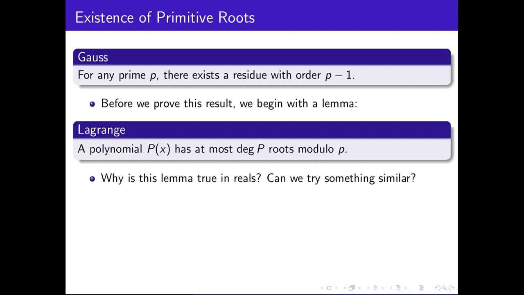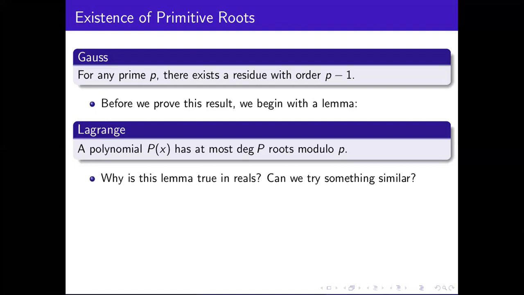Yeah, sure, the fundamental theorem of algebra. In particular, if P(x) has the roots r1, r2, all the way to rn, then it can be expressed as some constant times (x minus r1) times (x minus r2) all the way to (x minus rn). It can be factored into n different terms, which means that its degree is at least n. So it has at most degree P roots.